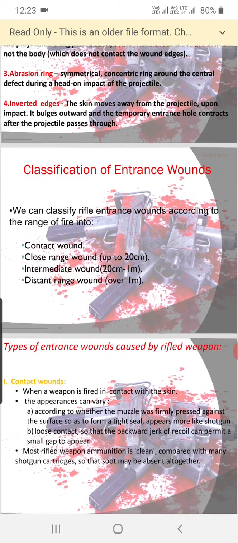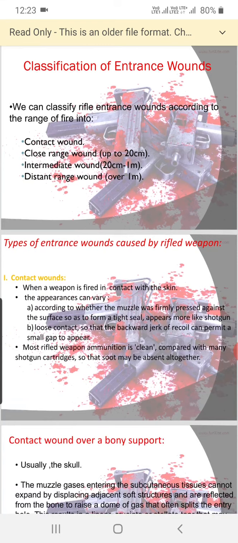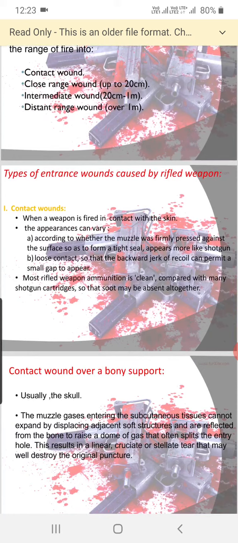Now coming to the classification of entrance wounds. We can classify rifle entrance wounds according to the range of fire into contact shot, close range wound, that is up to 20 cm distance, intermediate wound, 20 cm to 1 meter, and distant range wound, that is over 1 meter. Now the types of wound caused by a rifle weapon.